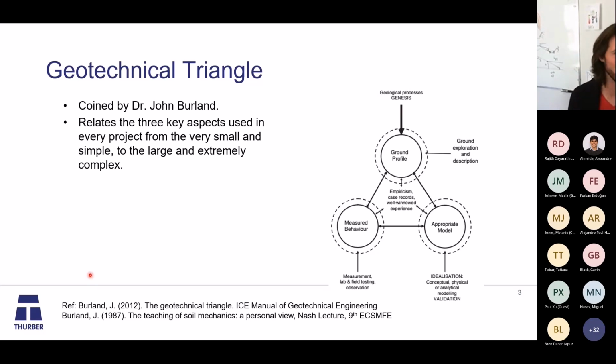The geotechnical triangle relates three key aspects that we see in all projects in geotechnical engineering, from the very simple to large and complex. We're talking about the ground profile, which is the geology and our understanding of the ground. The behavior, which is the behavior that we measure in the field.